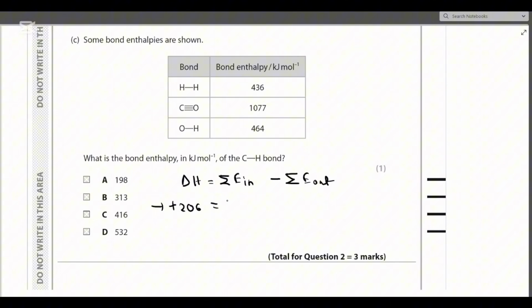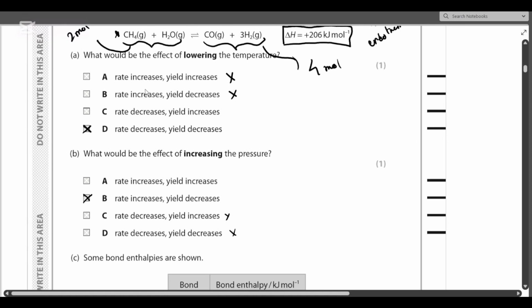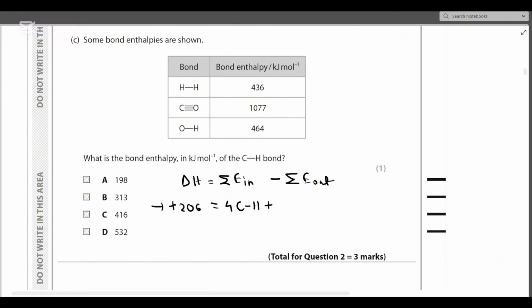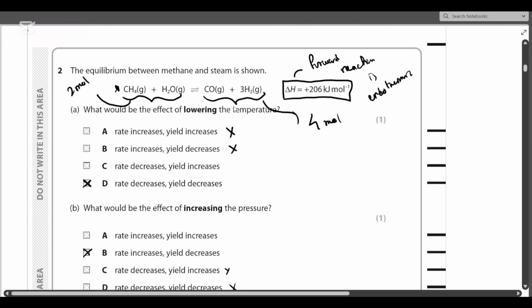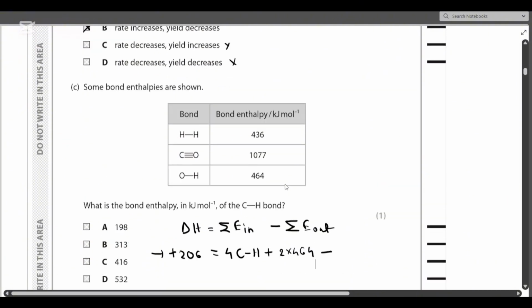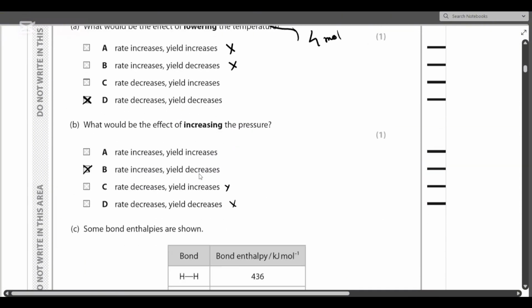We can easily make a formula like this: 4 C-H plus, we can clearly see that there are two molecules of water, so we multiply 464 by 2, that is 2 times 464. Now, if we move on to the product side and analyze it, we can clearly see there is 1 mole of carbon monoxide and, of course, 3 moles of hydrogen.